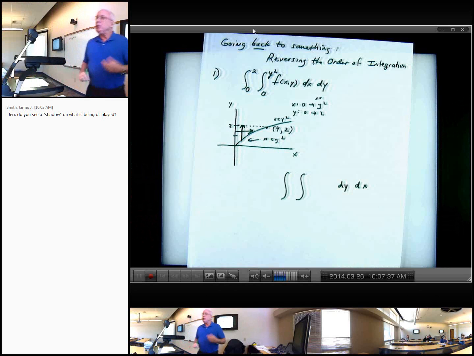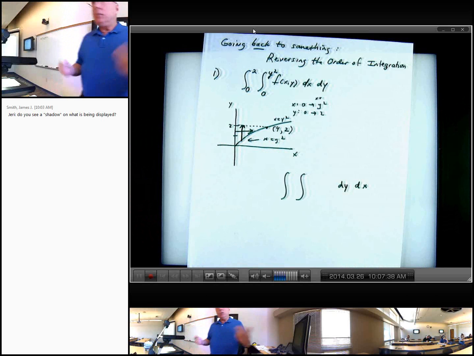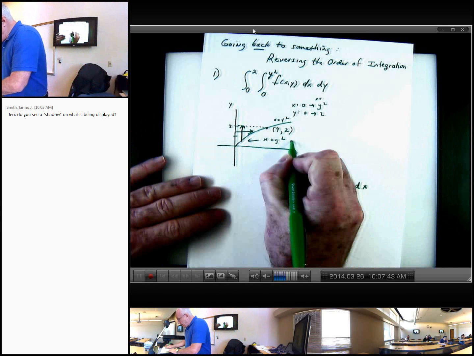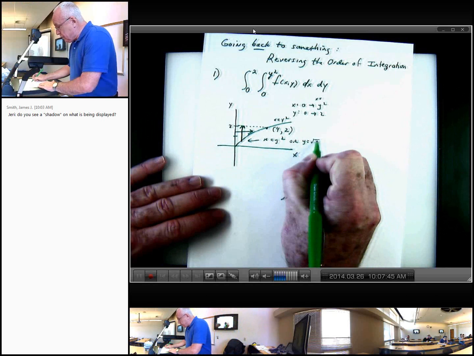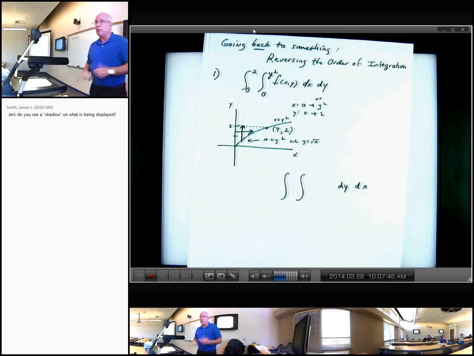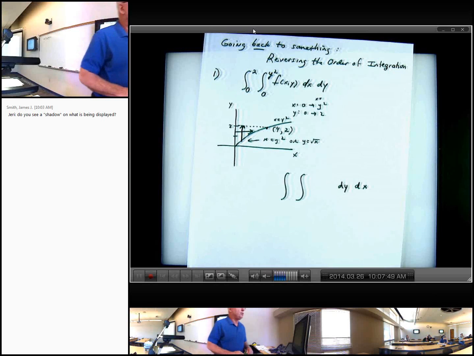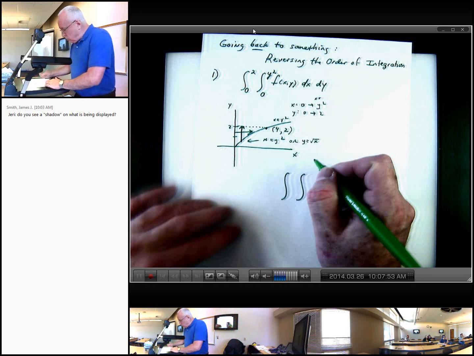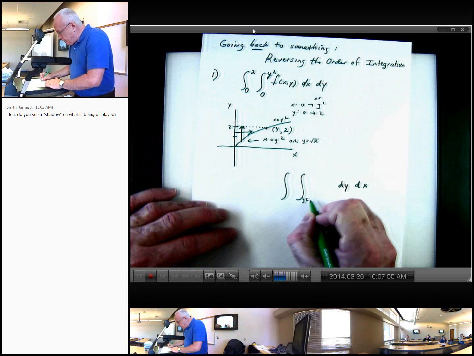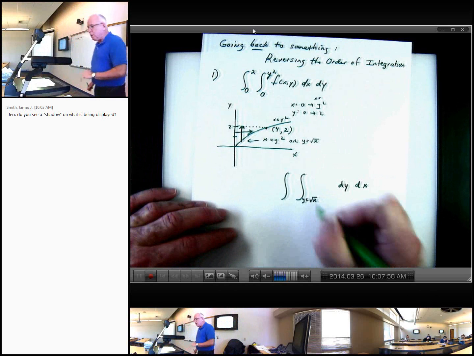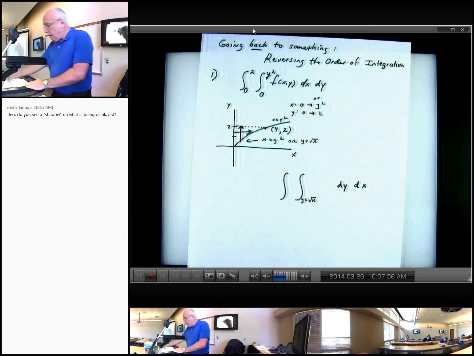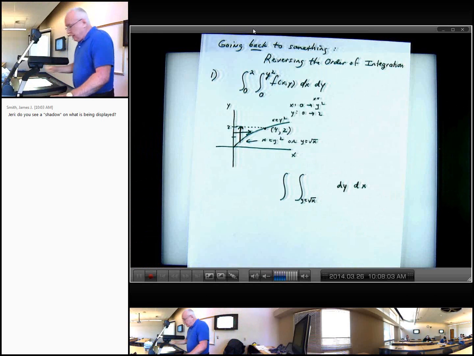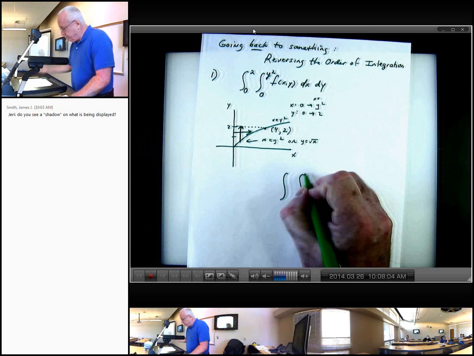We want it in terms of y, so we take the square root of both sides, and it's y equals the positive square root of x, because it's up in the first quadrant. So our lower limit is y equals the square root of x. Our upper limit, we can see from the formula, is y equal to 2.